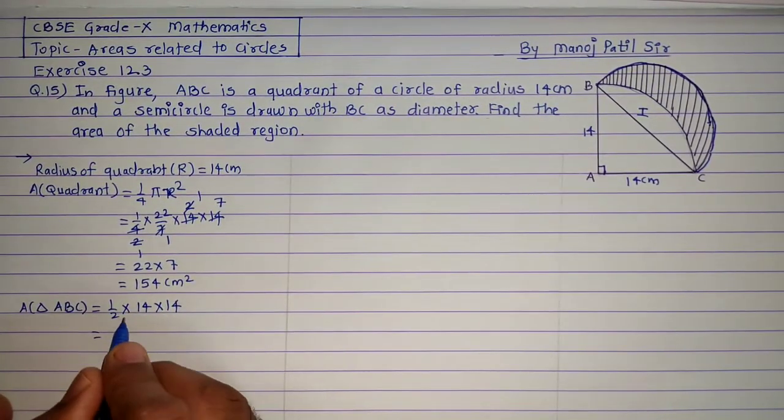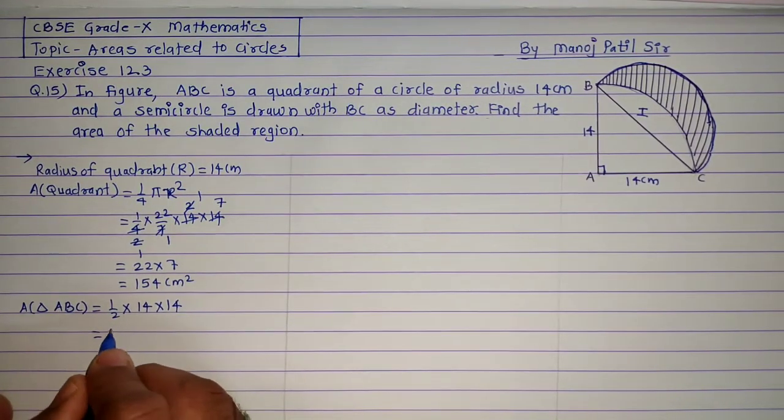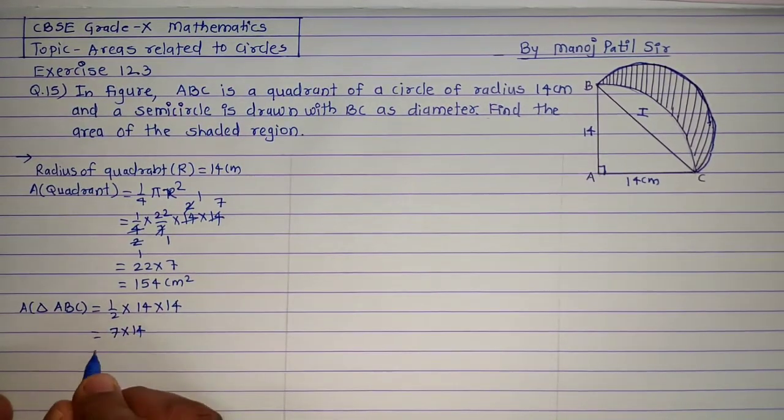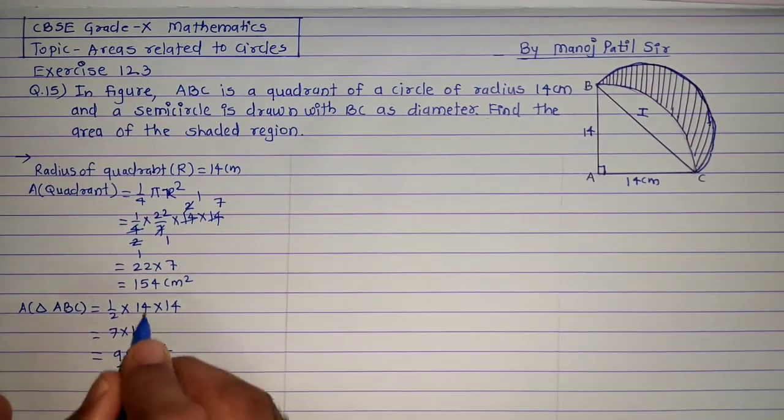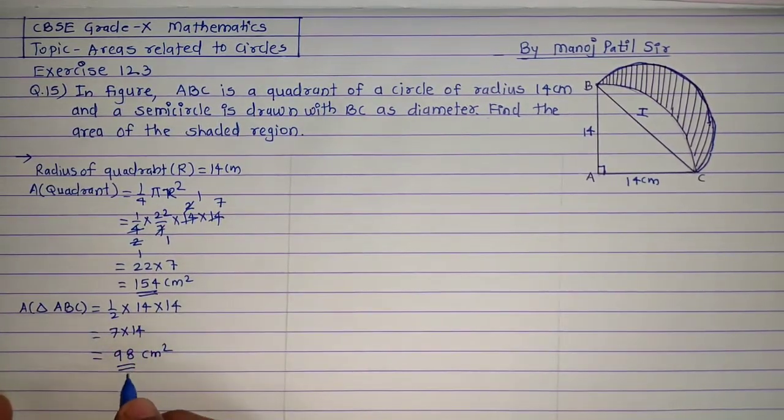So 2 sevens are 7 multiplied by 14, which is 98. So 98 centimeter square is the area of triangle ABC.